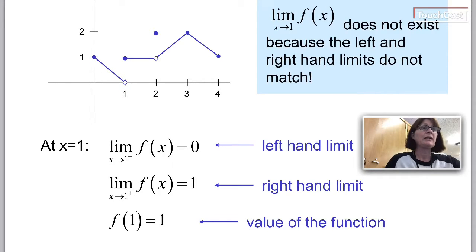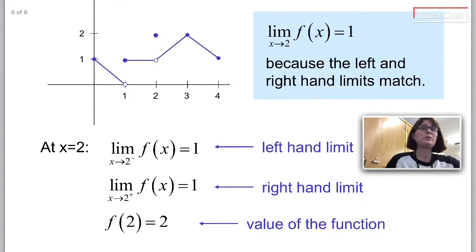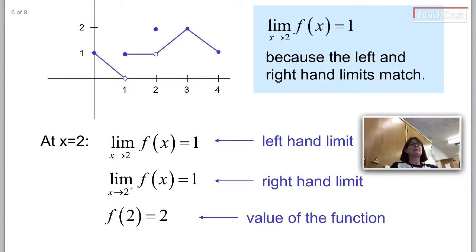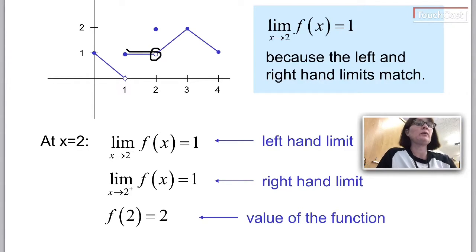All right, continuing. So the next x value we might explore is x equals 2. The limit as x approaches 2 from the left is the place I was headed to, which is y equals 1. The limit as x approaches 2 from the right, the place I was headed, happens to also be 1.